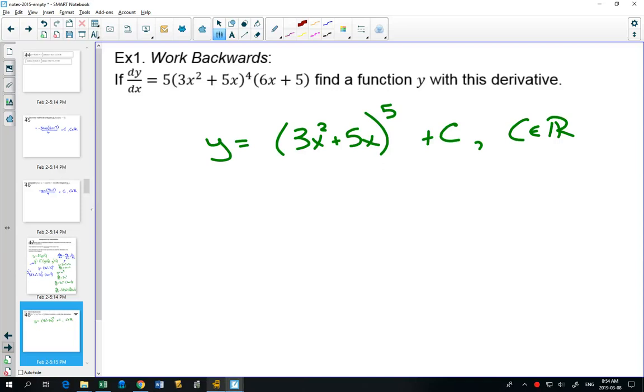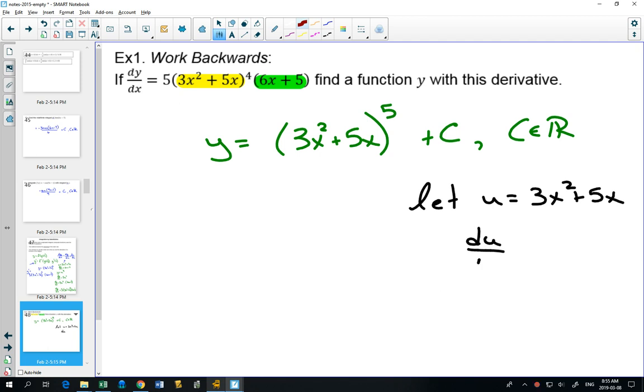Coefficients will be there. This one worked out perfectly, but not always. But if I notice that I have a function here and its derivative is here, then with integration by substitution, what we'll do is say, let u equal the inside function, 3x squared plus 5x.